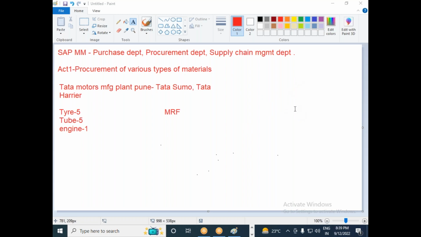Presently both ECC and S4 HANA are available in the market. Some companies are using ECC, some are migrating from ECC to S4 HANA. That is the reason we are explaining the ECC functionalities along with the new functionality available in S4 HANA.